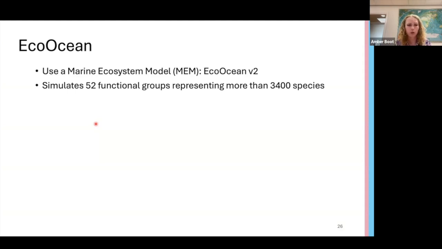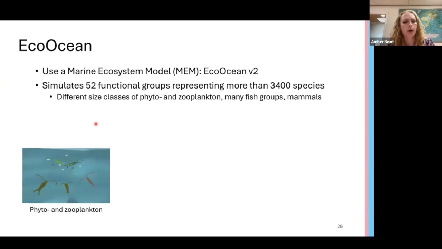And basically how these groups are made is they look at certain species that have similar traits, and then they just group them together, so that you have groups with the same ecological traits, basically. Now, a few examples of these groups are different size classes of phyto and zooplankton.